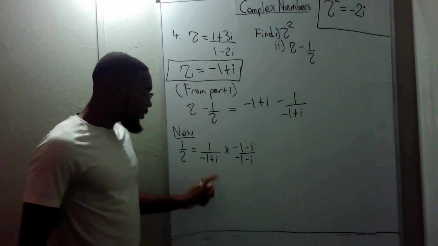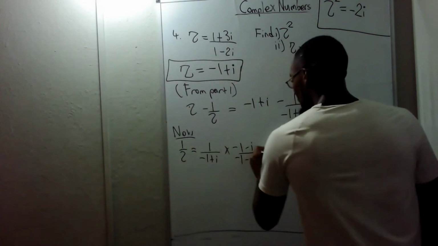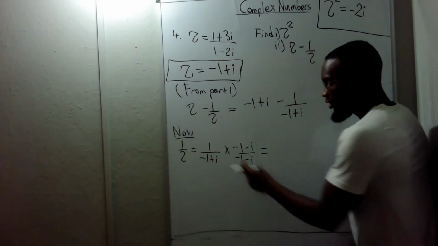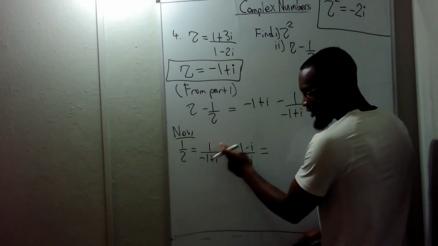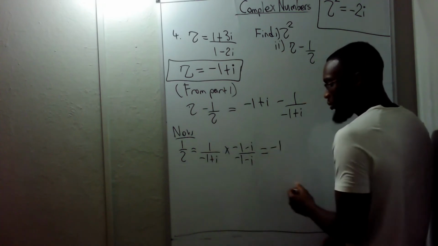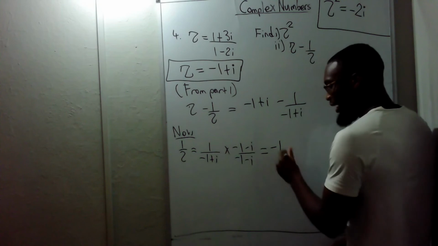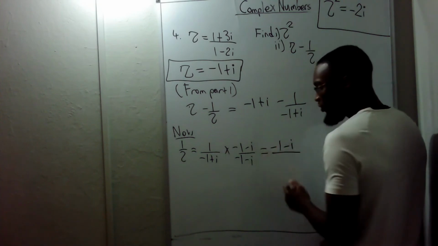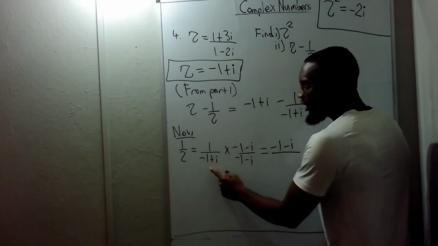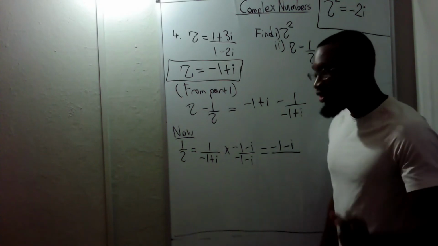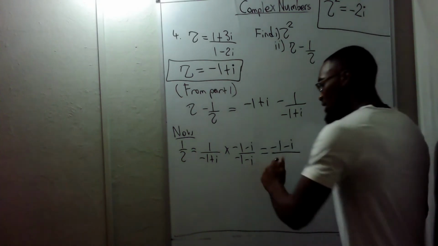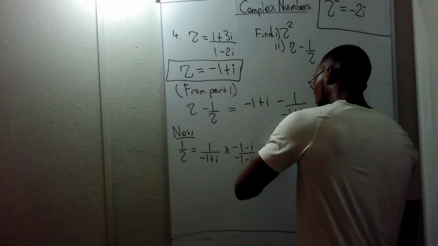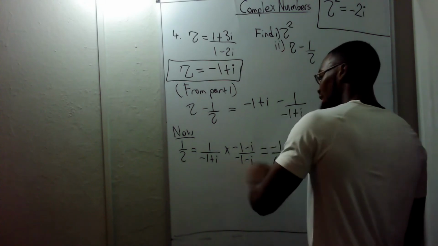Beautiful. So now 1 over z, we can multiply the numerators across. 1 times minus 1 is minus 1. 1 times minus i is minus i, over, the denominator becomes the difference of two squares. So this becomes minus 1 squared minus i squared.